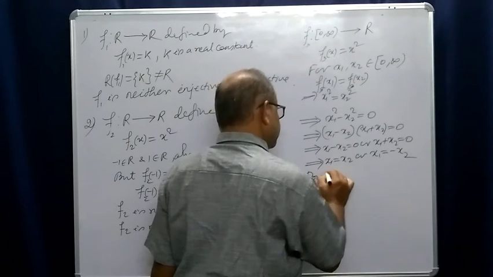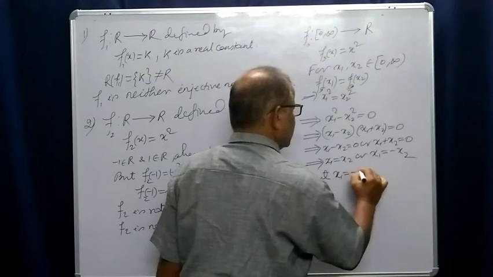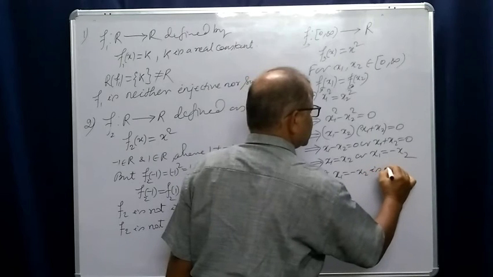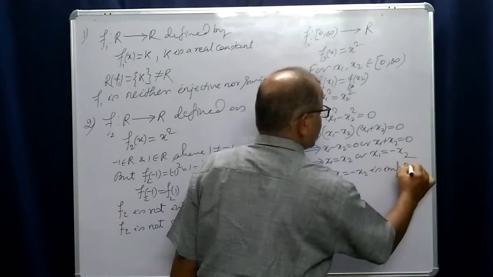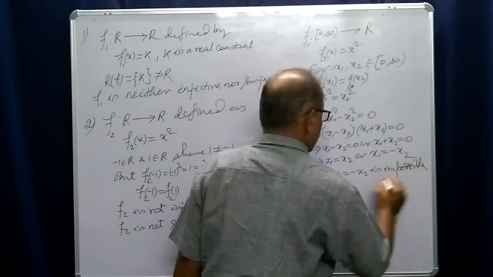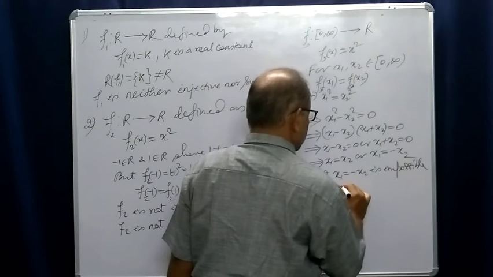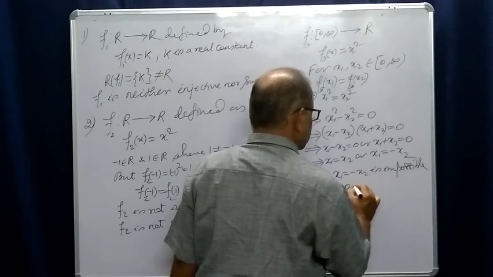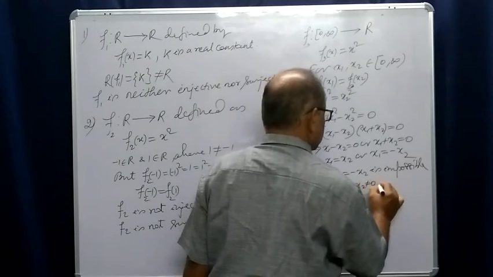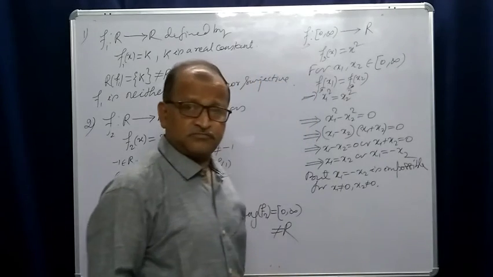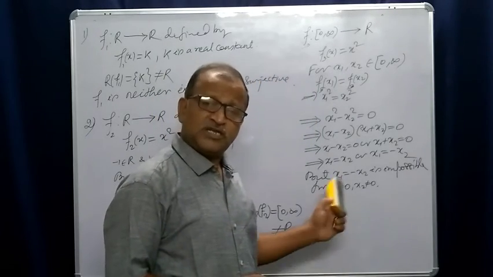But x1 is equal to minus x2 is impossible for x1 not equal to 0, x2 not equal to 0. If they are 0, then it is possible.